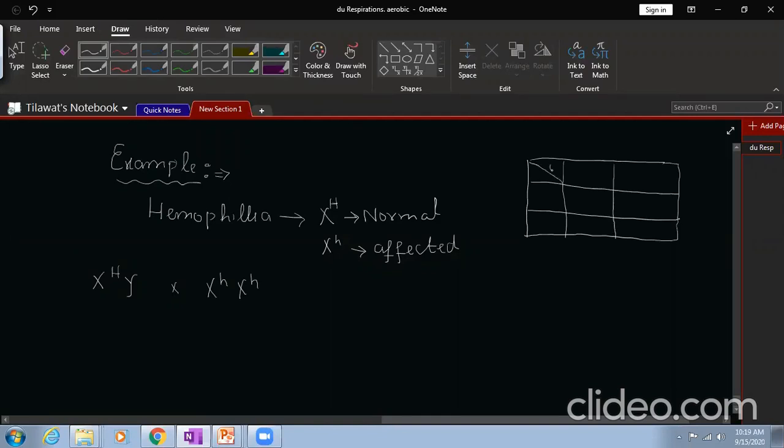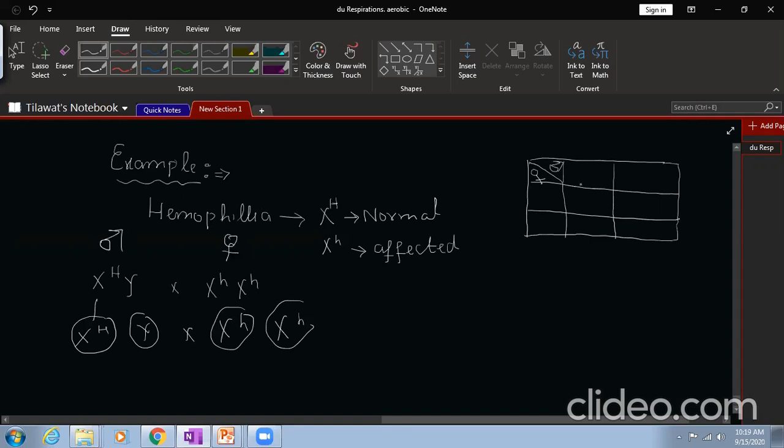One side male, another side female. Gametes for this male we know already, this and this gamete, right? For this female, small h.